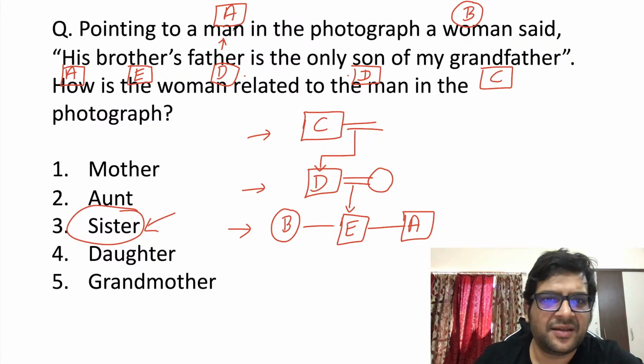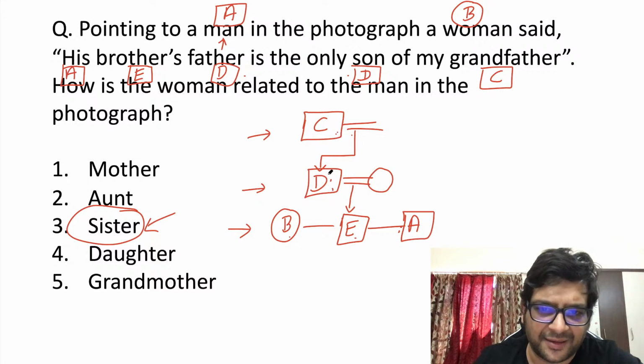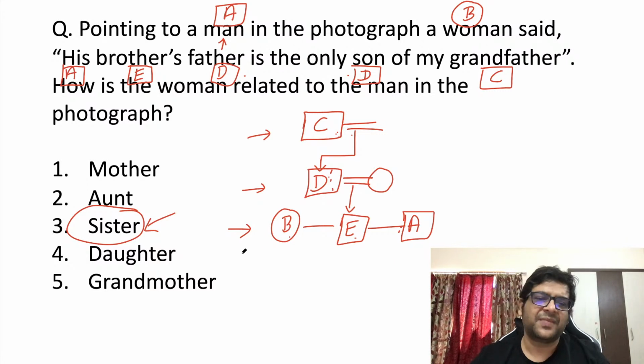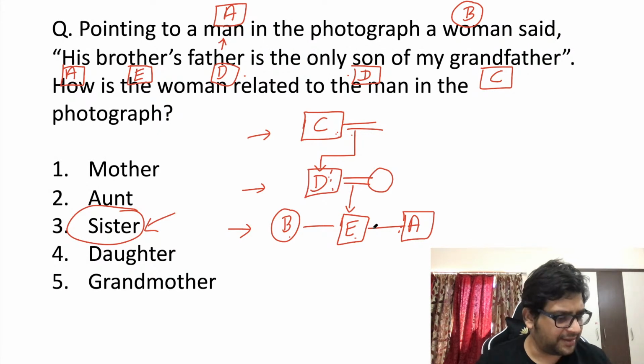Let me just check. Pointing to a man. So B points to A and says his brother is E. Brother's father is D. D is the only son of my grandfather C. Fair enough. I think my arrangement is correct. B indeed comes out as the sister of A. Option 3.